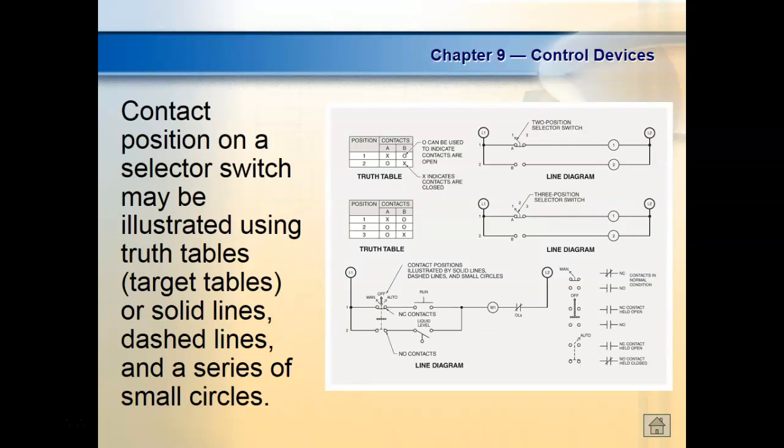So this is a select switch. This is a two-position select switch. What they gave us, and this is very popular with these, they'll come with the manufacturer's numbers on there, and then they'll come with a truth table that shows you if I put it in position 1, then circuit A will close and circuit B will open.